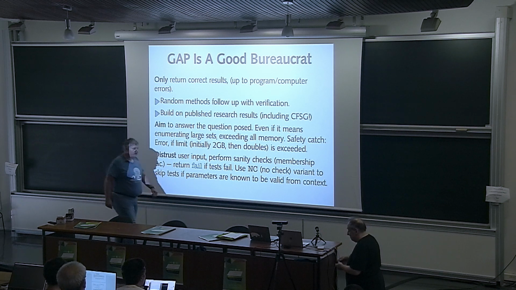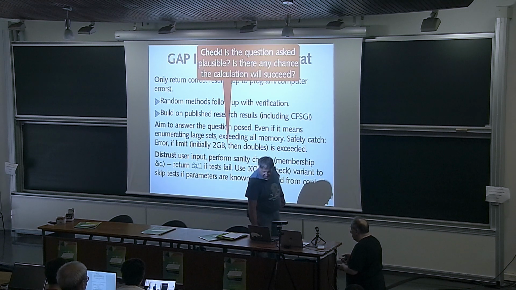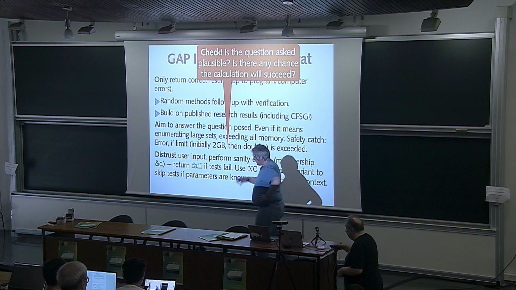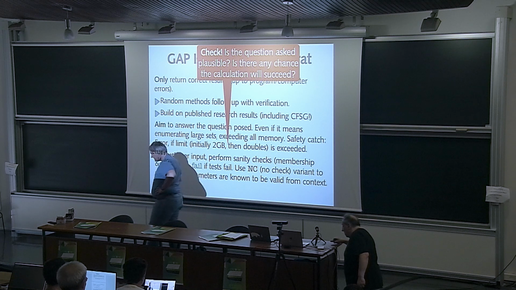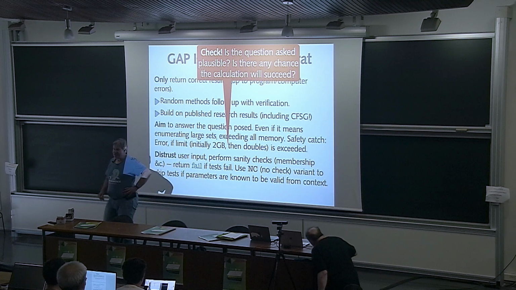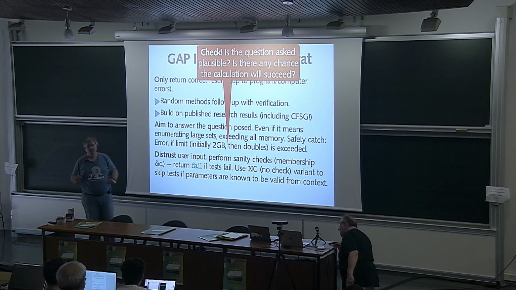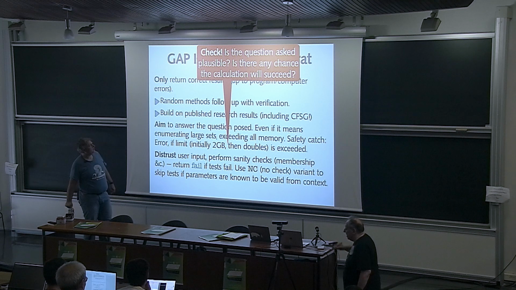GAP also will try to answer the question you give it, even if it is hard. And that means it might allocate a lot of memory, even if it's hopeless. There is a safety catch where GAP tells you, oh, I ran out of memory. Do you want me really to continue? And I think it's about a 2 GB allocation.